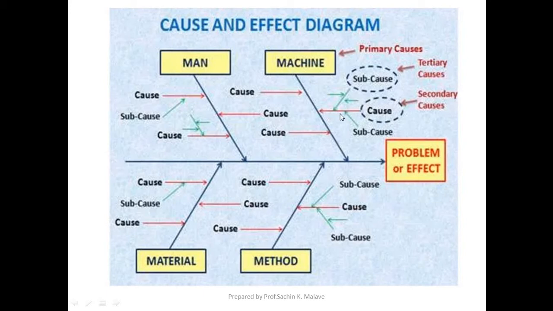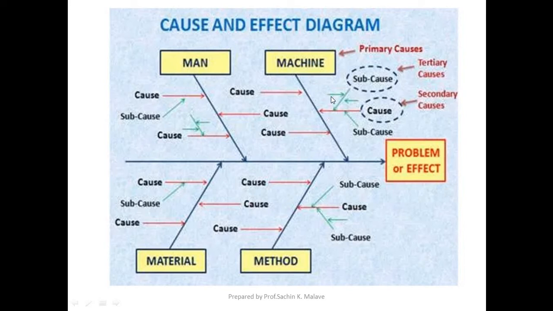So you try to find out what may be the possible cause of the problem. Then after that there are sub causes also. So analyze the problem, and write down the causes and sub causes everywhere. For each major category you are going to write cause, sub cause, sub cause, if applicable.